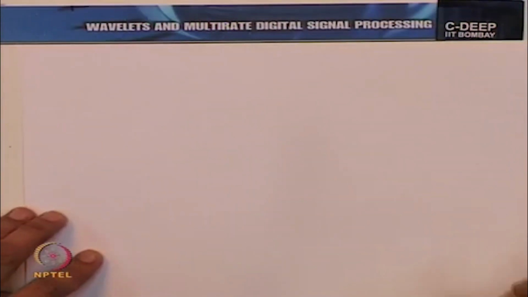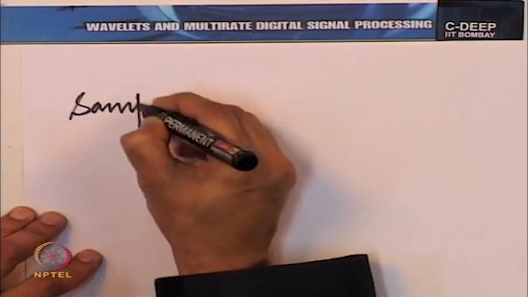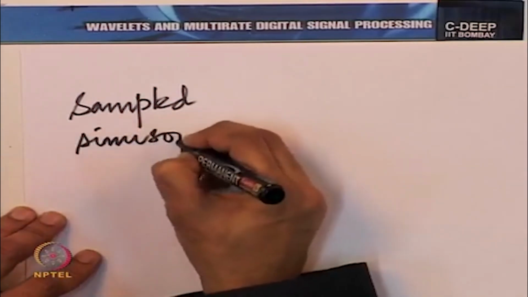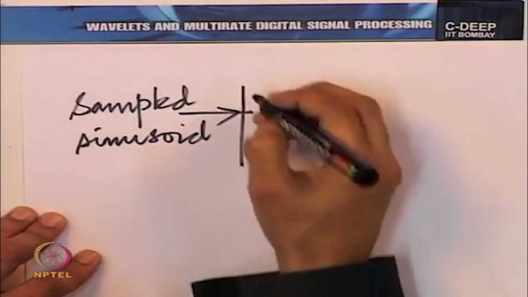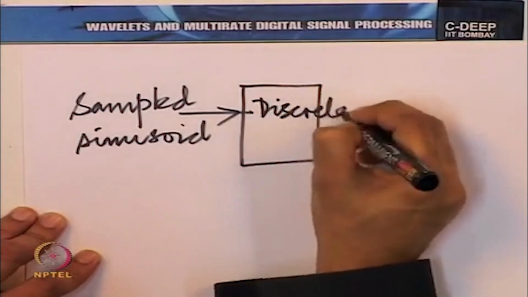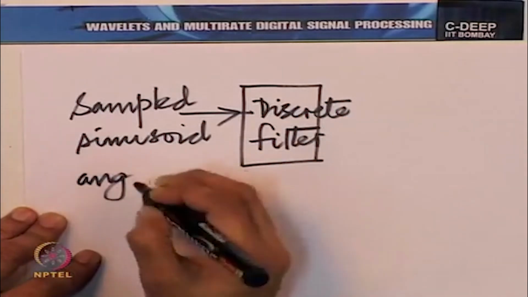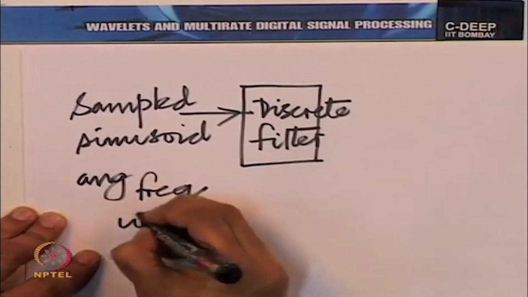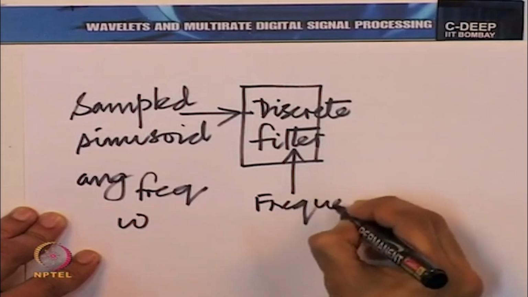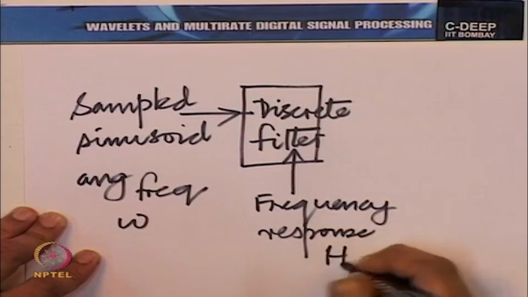So, recall that if you give a sampled sine wave, a sampled sinusoid to a discrete time filter, let us say the angular frequency is omega and the frequency response here is h of omega.